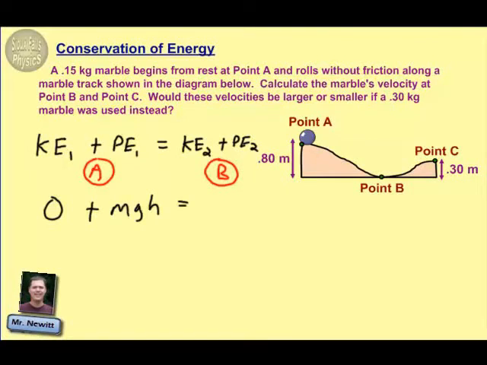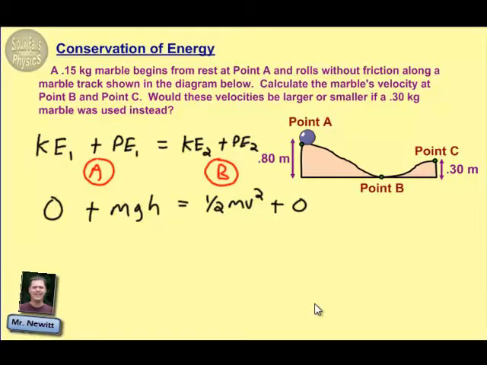At point B, the marble is certainly moving, so it's going to have kinetic energy equal to 1/2 mv squared, but it will have zero potential energy because point B is at the bottom of the ramp, and so I'll set that as my zero line.